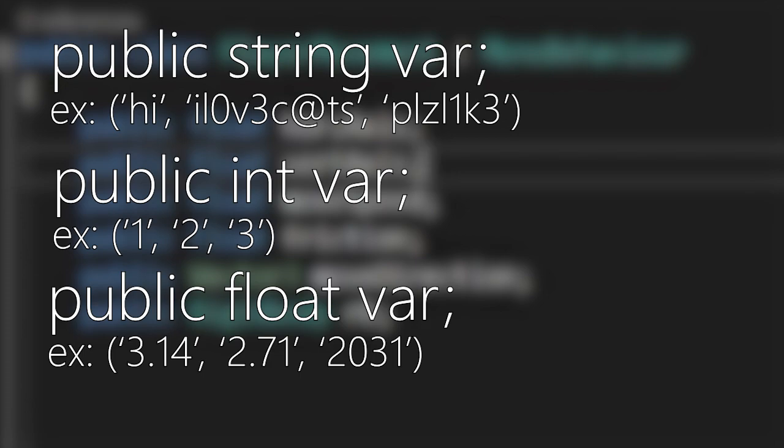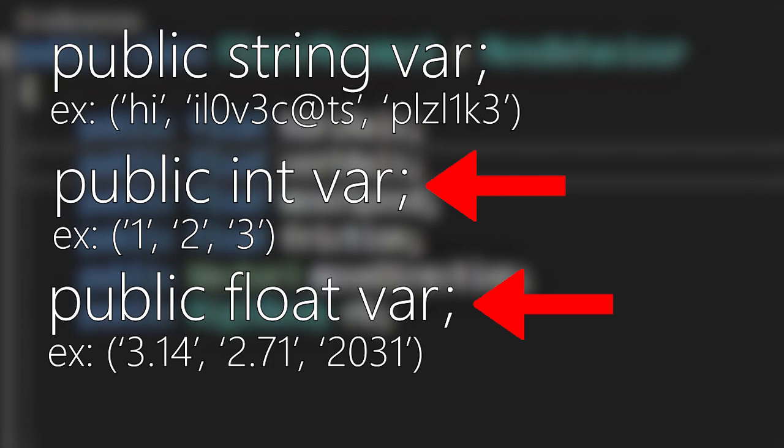The difference between the 3 is quite simple. String variables are considered lines of text and can hold letters, numbers, symbols, and spaces. Integers and float variables, however, are numbers and can be used for math and other purposes, unlike the string variable.